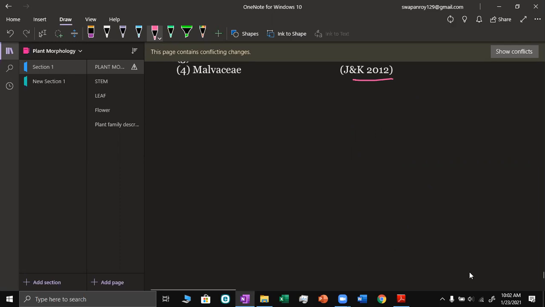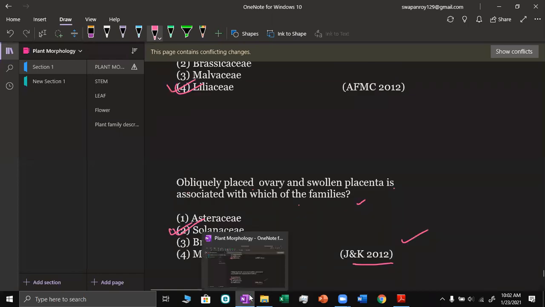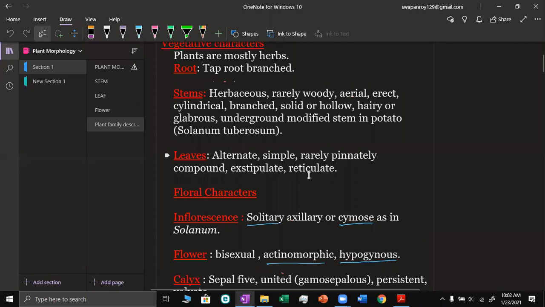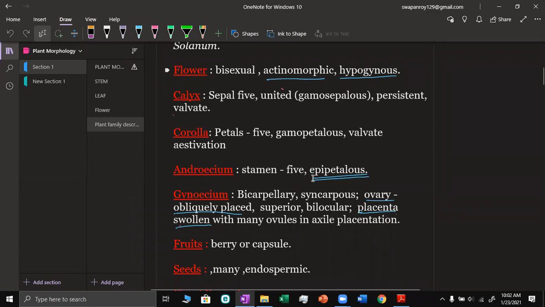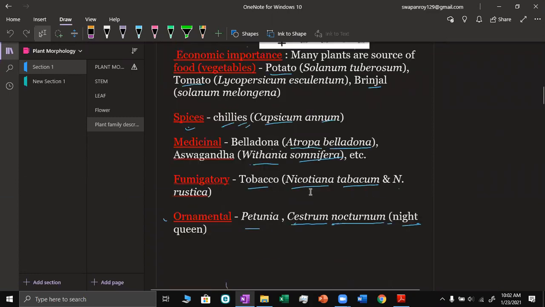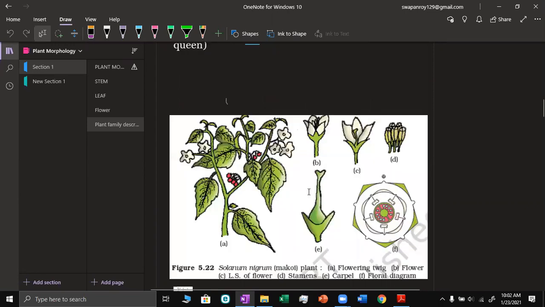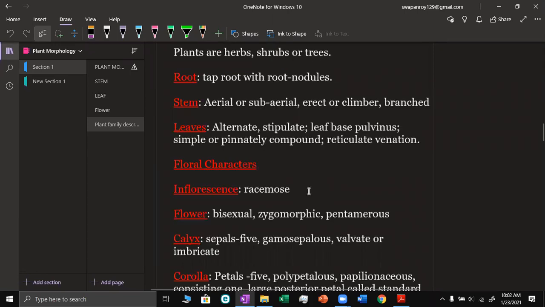Okay, so today we'll end it here. If you want, you can see from your textbook also, it is given nicely, so no problem. You can see from there or from here.